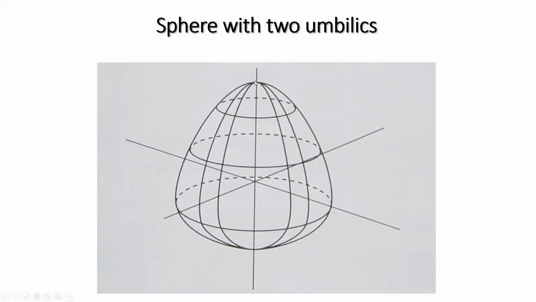And here there are umbilics, which means that at this point any direction has the same principal curvature. So you have a singularity in this way, because whichever direction you choose in the tangent plane at this point, you will find the same bending coefficient, the principal curvature. So this is another case.